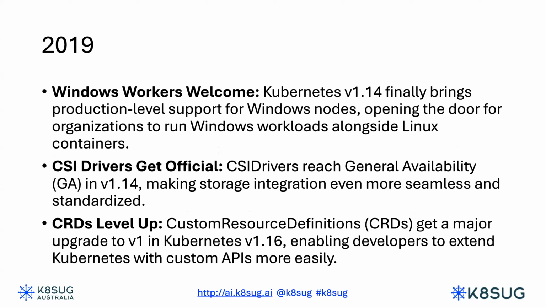Okay, now it's 2019. In 2019, we have three key points. The first one is that in Kubernetes 1.14, Windows nodes got production-level support. The second one is about the Container Storage Interface drivers making big progress and making storage integration even more seamless.